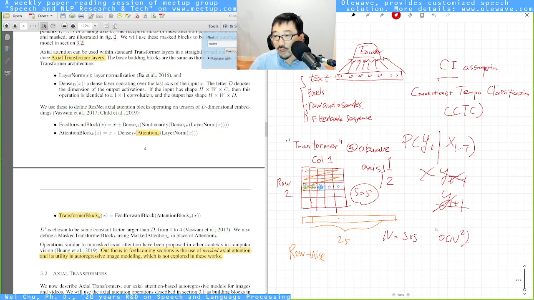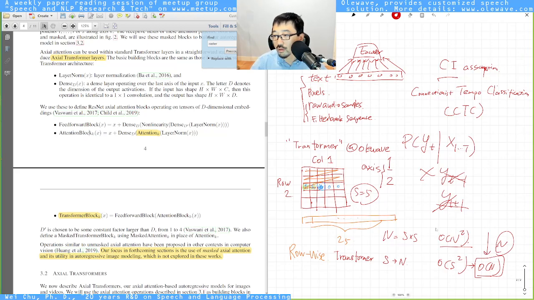But in the row-wise transformer, in each row, the n became s. So the computation cost became O(s) squared, and s squared equals n. So this goes to a computation cost of O(n). So this reduces the computation cost by n, right? I hope I didn't get this wrong.